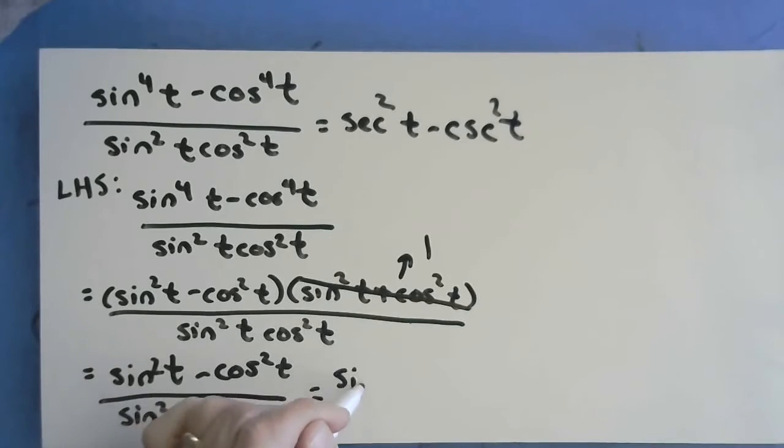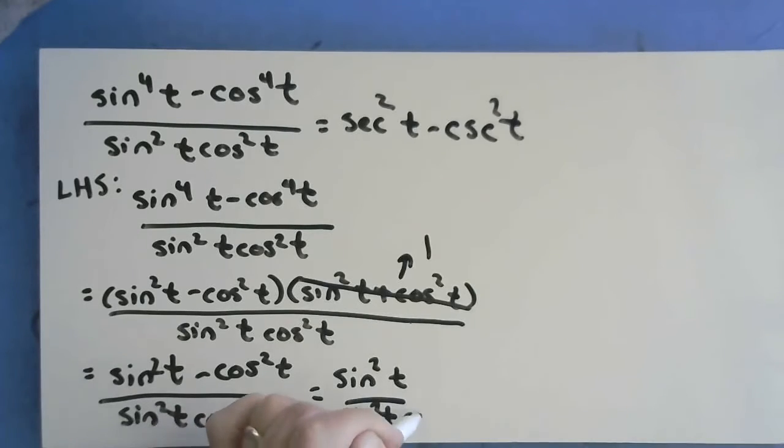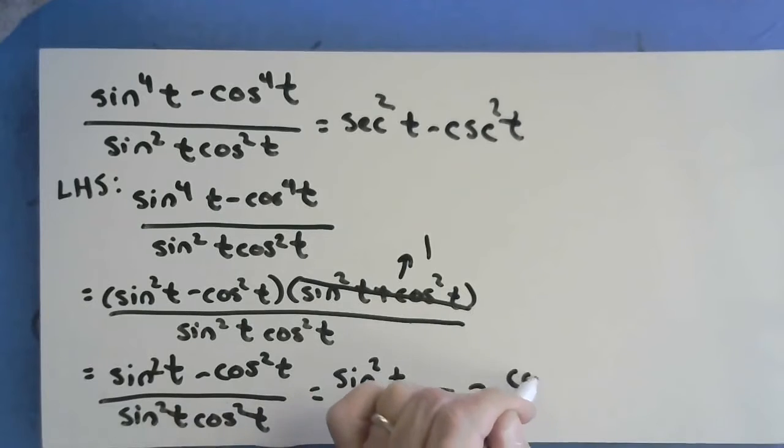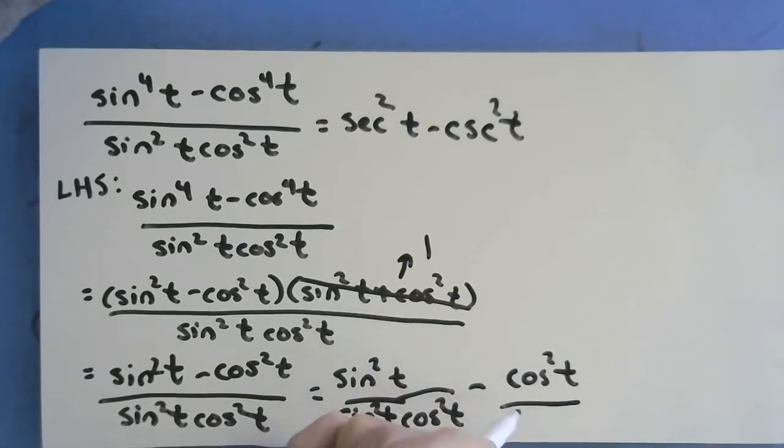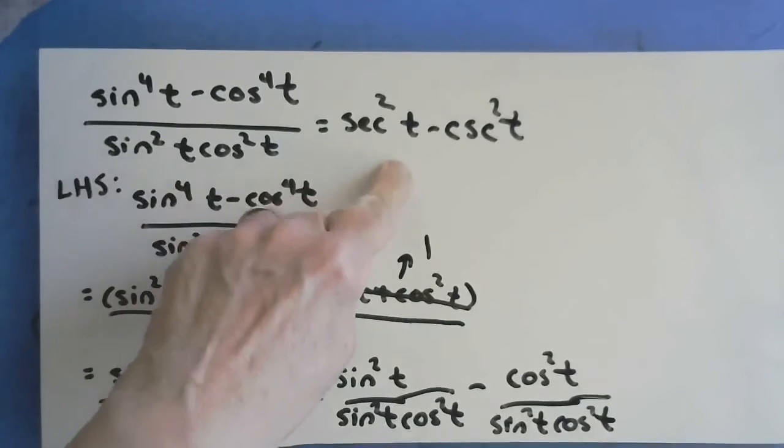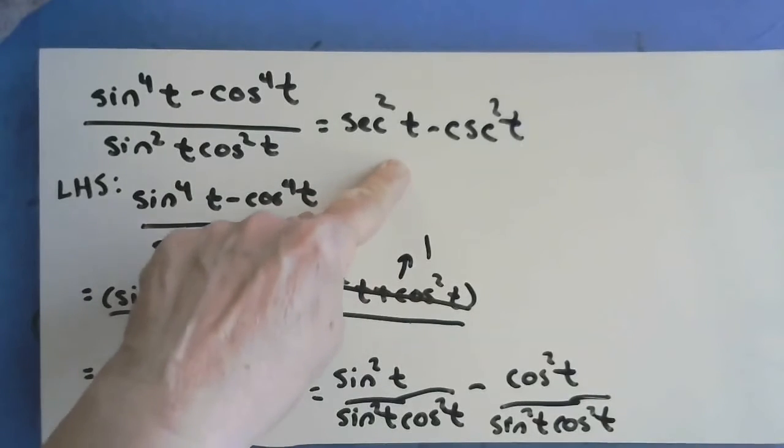But I'm going to rewrite this as sine squared t over sine squared t cosine squared t minus cosine squared t over sine squared t cosine squared t. Now, one of the things that goes through my head while I'm working these problems is I keep looking back at the side that I'm working towards.